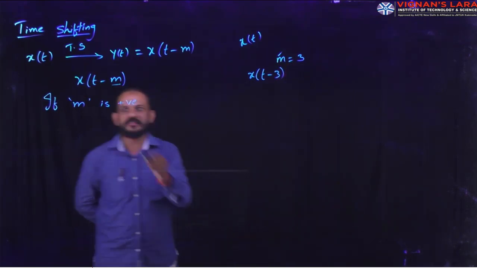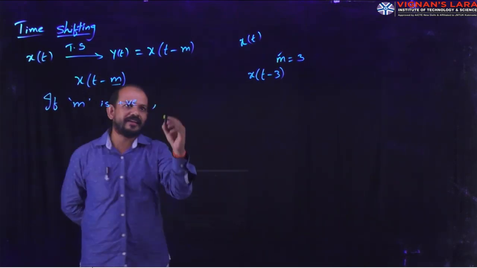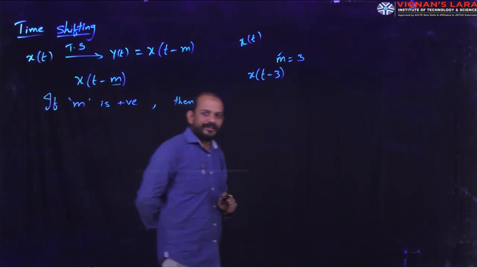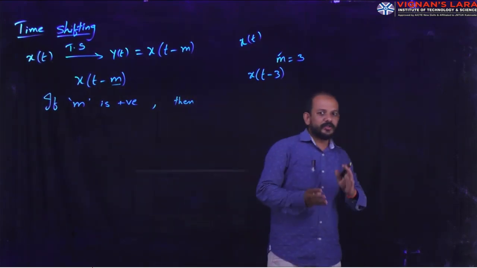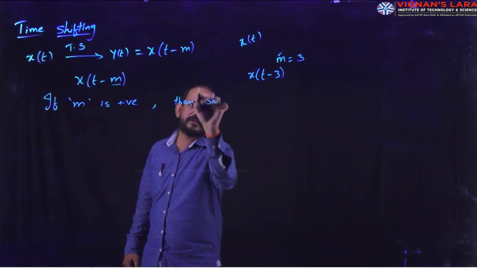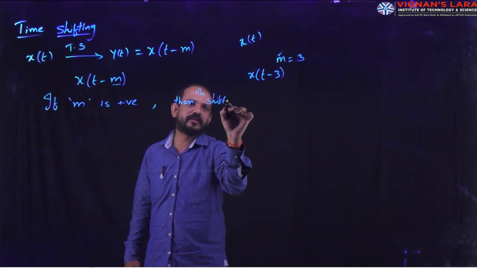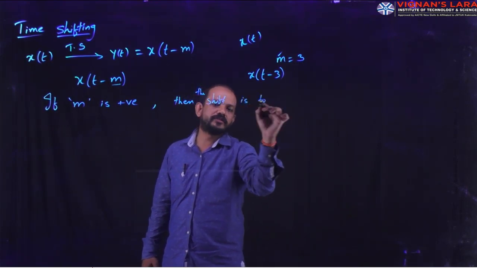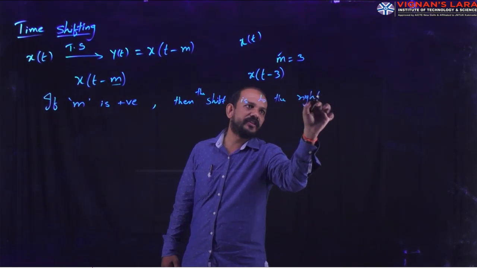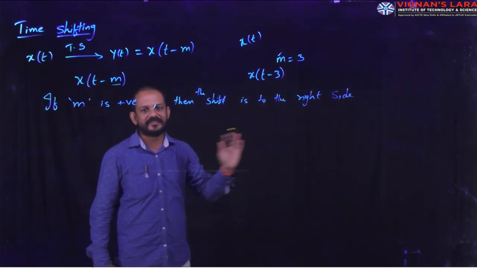So whenever this m is positive, then the shift is to the right side. The shift is to the right side of the signal.